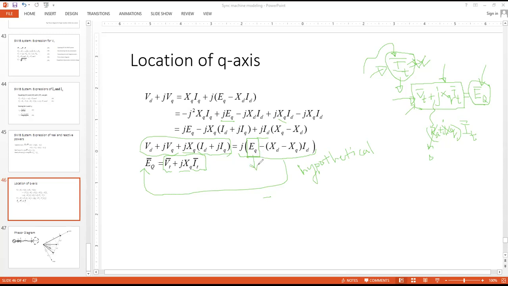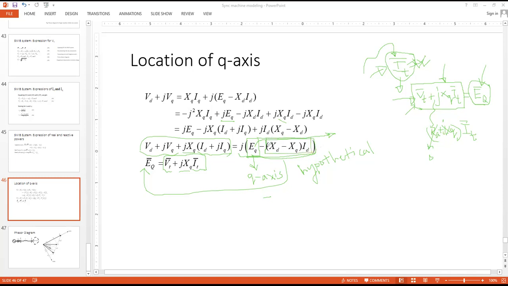Q axis. So you see, this is along the Q axis. And there is another term in addition to this, within the bracketed J term, that doesn't have any further phase shift from EQ, right? So EQ, and you see there is no J with that.